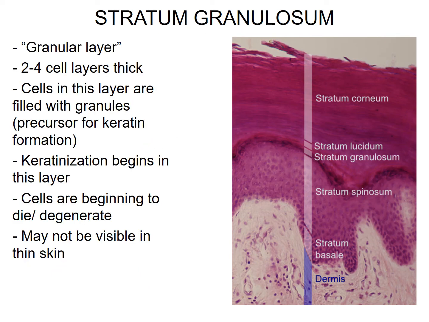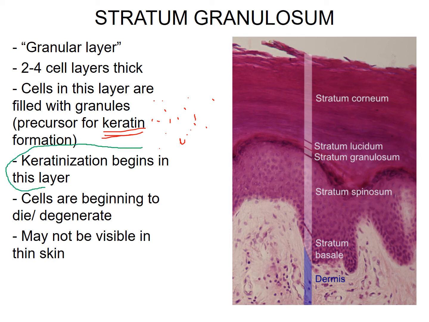Moving right along, we have the come, let's get. So G is for stratum granulosum. And the reason why it's called granulosum is because we have a bunch of granules, these little specks all throughout the layer. And that is part of the process of making a whole bunch of keratin in this layer. Because, my friends, this is where keratinization occurs.